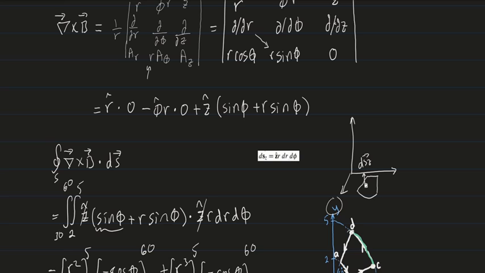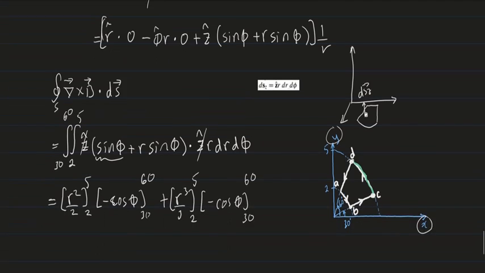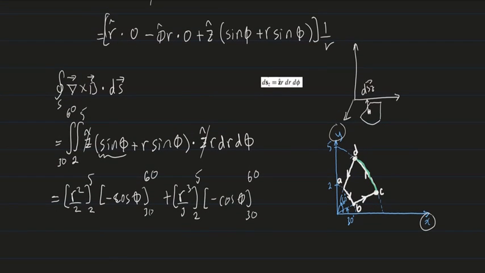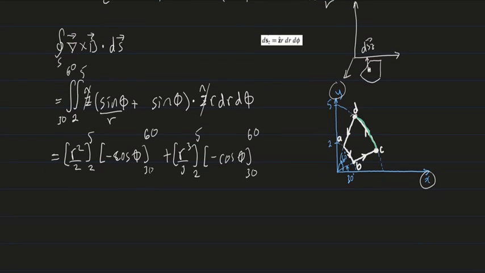And I just realized that I forgot this 1 over r in here. So this whole thing is multiplied by 1 over r. And this will change some things in here. So this will be sine over r. And this will be, well, r will cancel with r, and then I will have nothing in here.